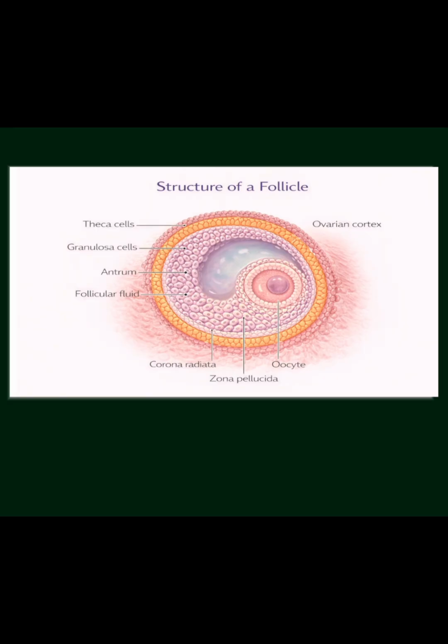To give you some background, luteinizing hormone stimulates the theca cells, which are outside, and the theca cells produce a hormone called androstenedione.